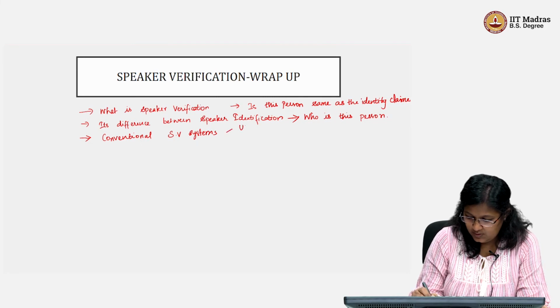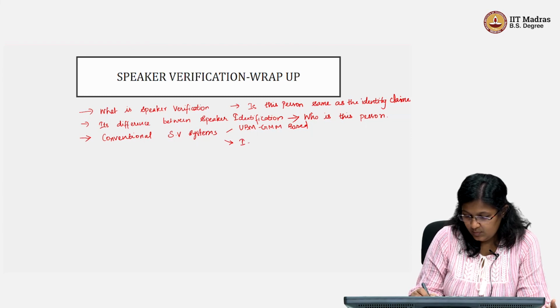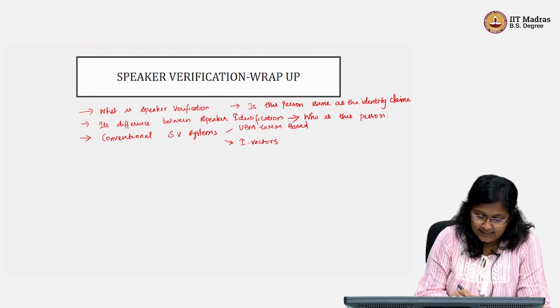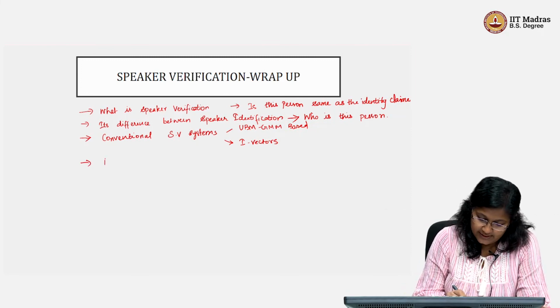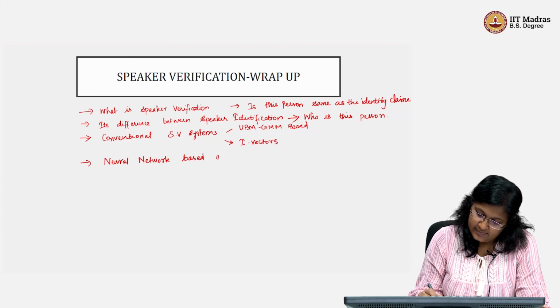One is the UBM GMM based, another one is also UBM GMM based, but something more happens there with super vectors, called the I vectors. And then once the era of neural networks started, we moved on to neural network based embeddings.